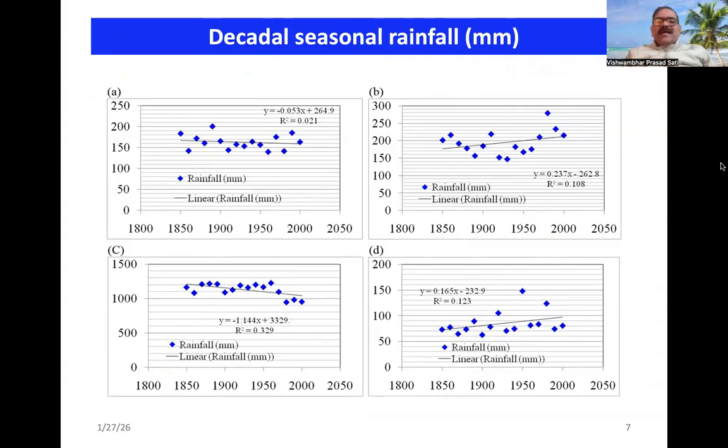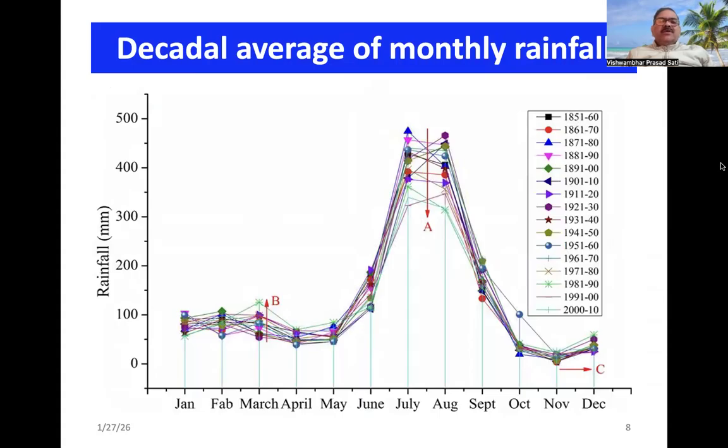This is also the dry season for the Western Himalaya. And again, during the monsoon season, there is a decrease in rainfall, and in the dry season of October, November, December, there is an increase. So this is all going adverse, and in contrast, these rainfall patterns are going on.